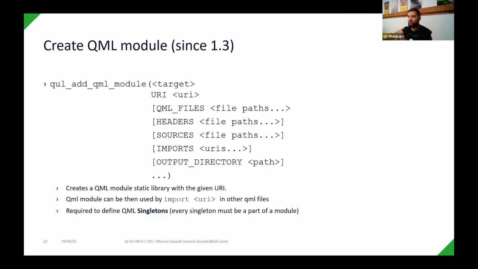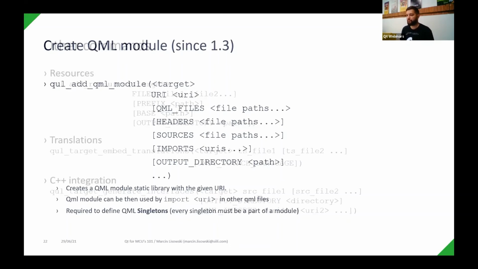It's also an important macro, as it's required to define the singletons. So if you are going to create a singleton in the QML that you would like to have in your whole application, then you have to use that macro to define that singleton.